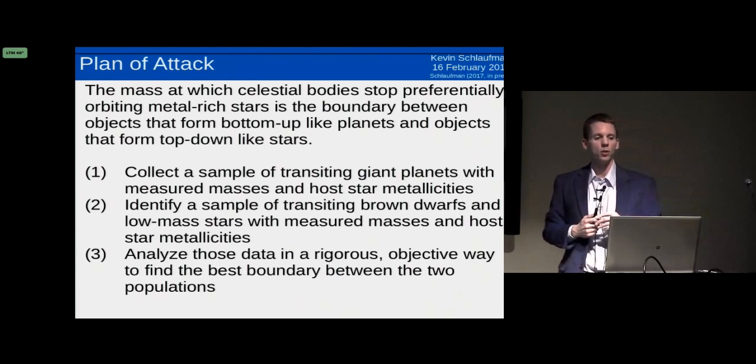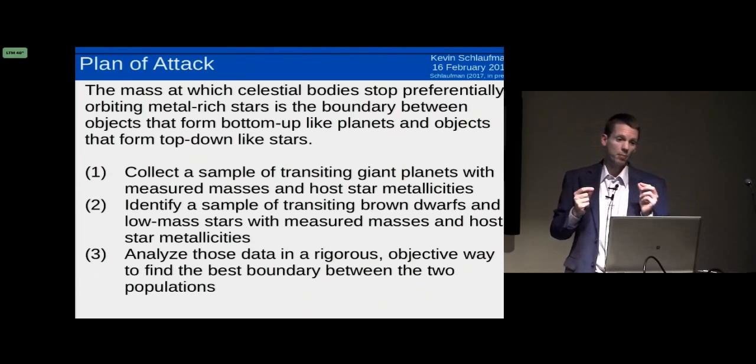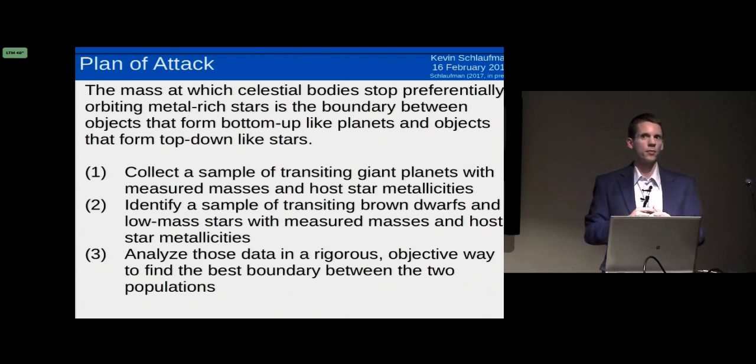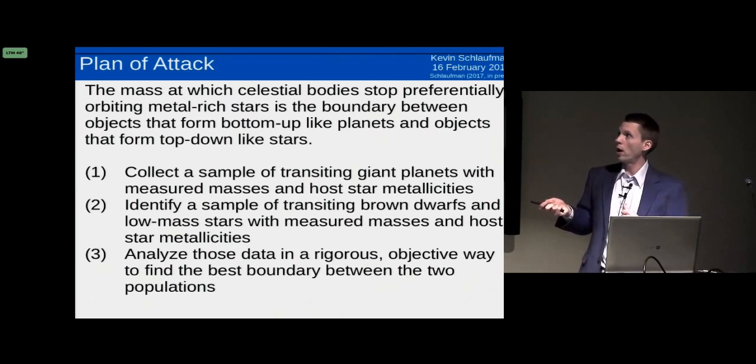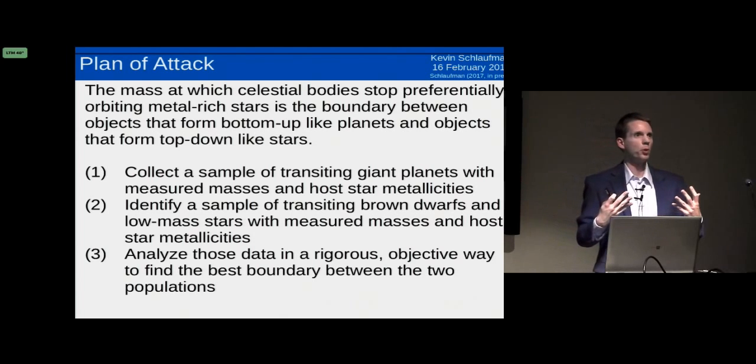First thing you'd have to do is collect a sample of transiting giant planets and brown dwarfs with measured masses and host star metallicities. So you'd want, as much as possible, these metallicities to be homogeneous, because there's actually a wide range of ways that people derive these quantities.